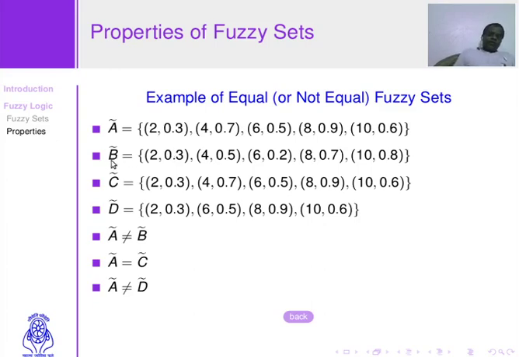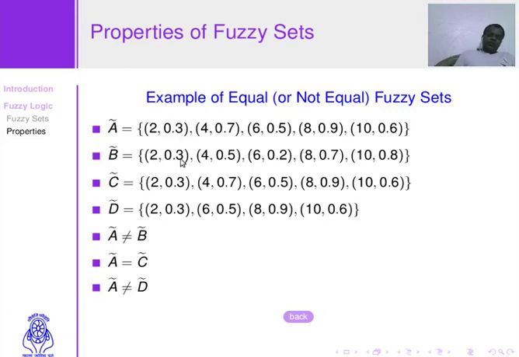Another fuzzy set B is also there. Now compare the degrees of membership for all the elements in A and B. You see the degree of membership for element 2 is the same in both A and B, 0.3 and 0.3.